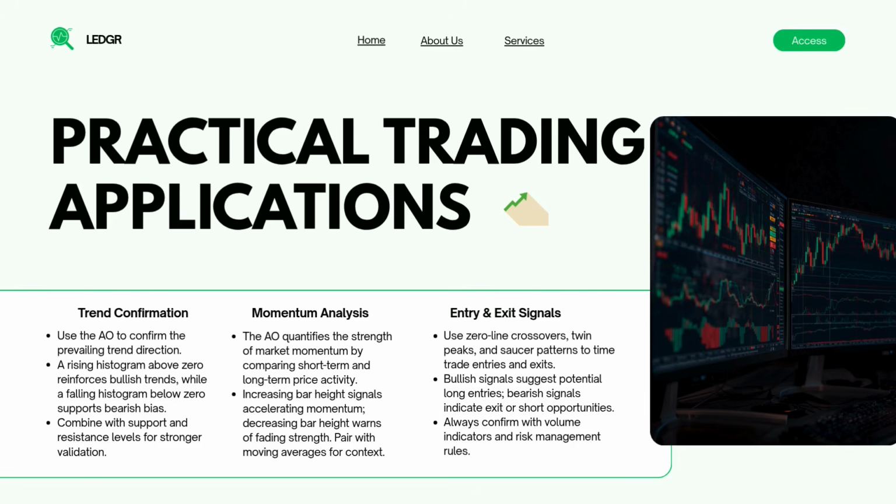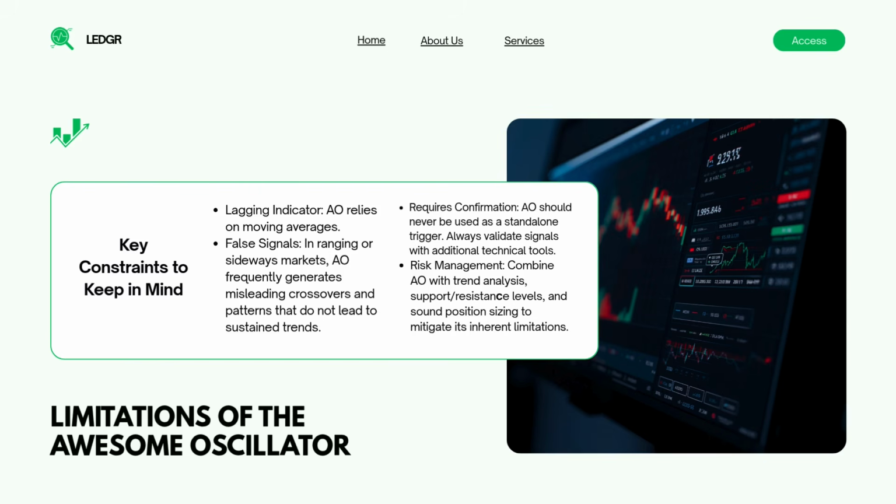This suggests that the bearish momentum is weakening. A bearish twin peaks pattern occurs above the zero line when the second peak is lower than the first. This suggests that the bullish momentum might be fading. These formations can provide early warning signals of a potential trend reversal.